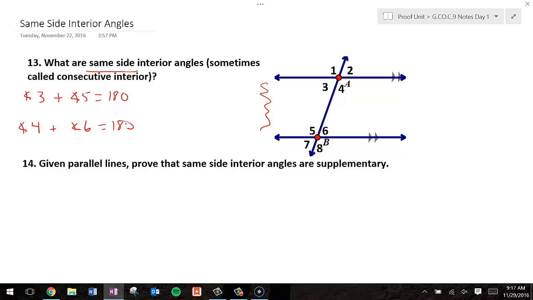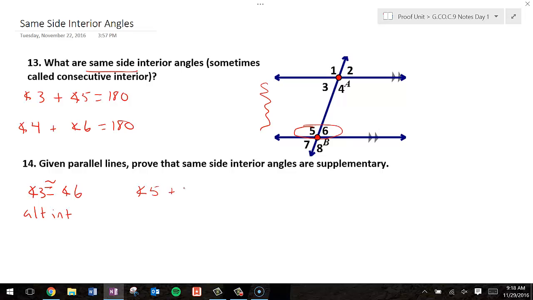Okay. And if we take a look at a quick proof of this, what we can do is use our knowledge of angles 3 and 6 being congruent, and they are alternate interior, which we learned earlier. And what I've got here with 5 and 6 are called a linear pair.